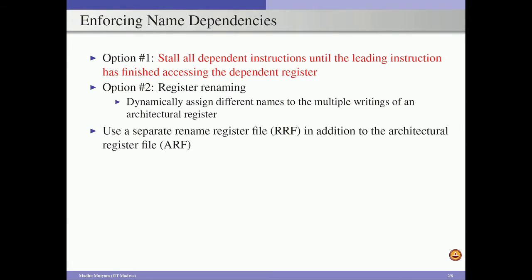In order to achieve this register renaming, we are going to use a rename register file in addition to the architectural register file. For each ISA, we have a fixed number of architectural registers, and all the architectural registers belong to an ARF, that is the architectural register file. We consider other physical registers, those are rename registers, and we consider the corresponding group as a rename register file.